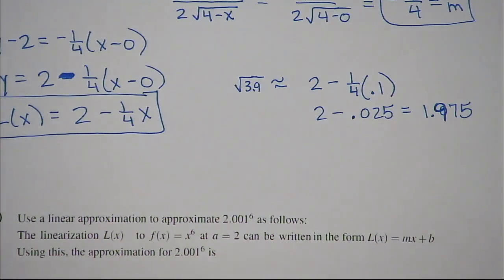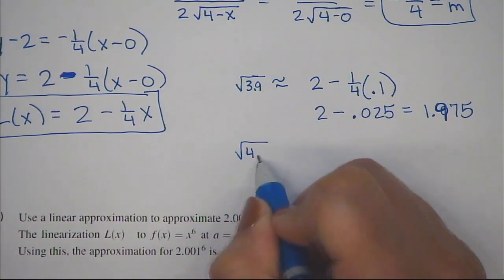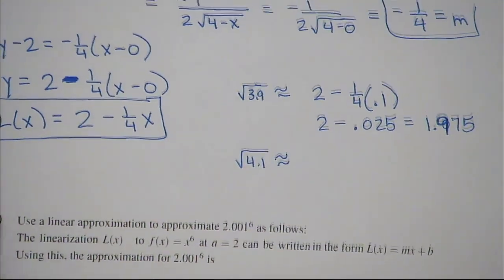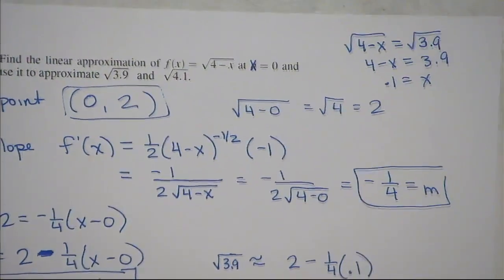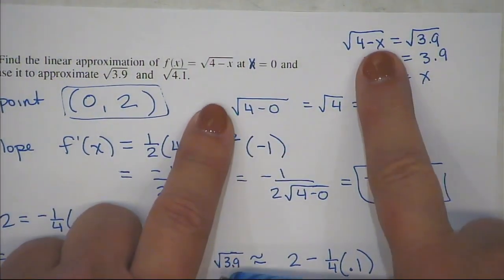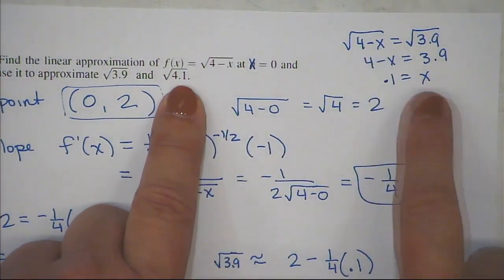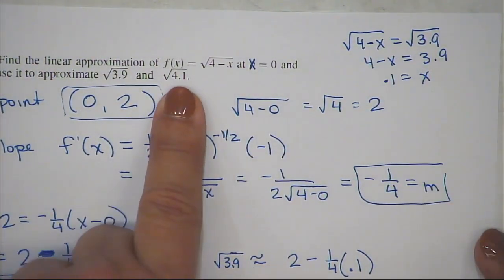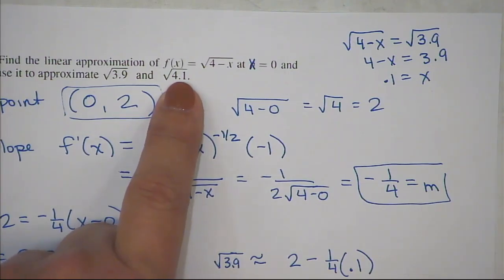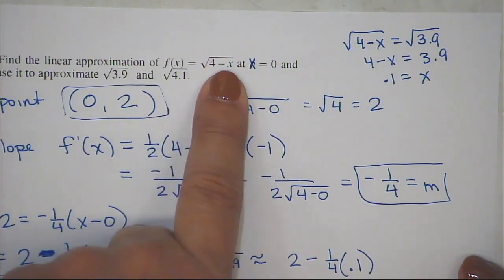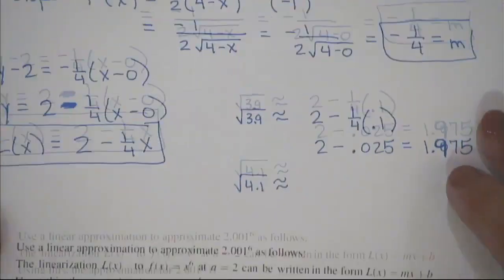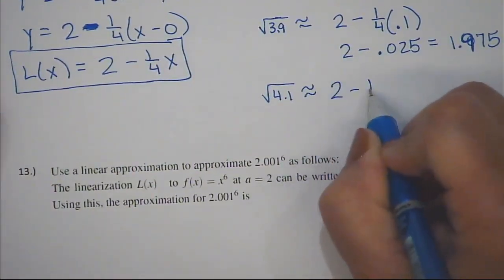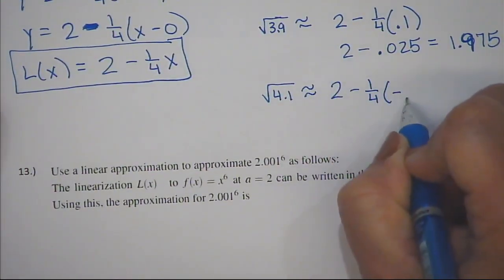All right, now to do the square root of 4.1, think about it. We're going to set square root of 4 minus x equal to 4.1. What's x going to be in this one? Negative, right? To make that, we got to grow this, so we're going to do a negative 0.1. All right, so we're going to do the same thing, except negative 0.1.